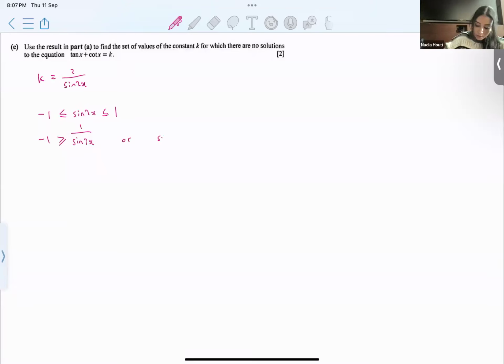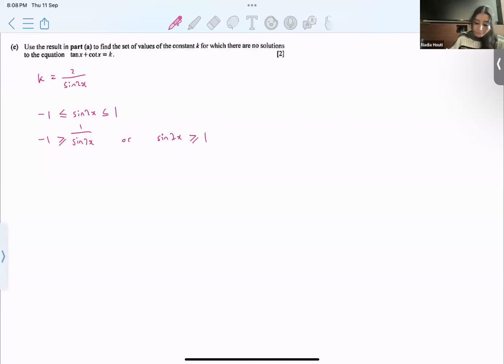The reciprocal of 1 is still 1 because it's 1 over 1, but again, we have to flip the sign. So basically, 1 over sin 2x can only be less than or equal to -1 or greater than or equal to 1.